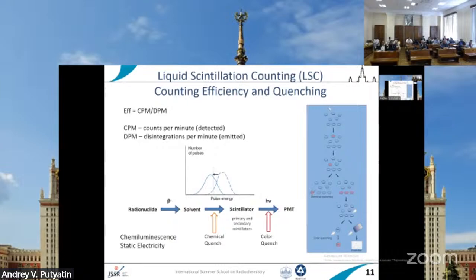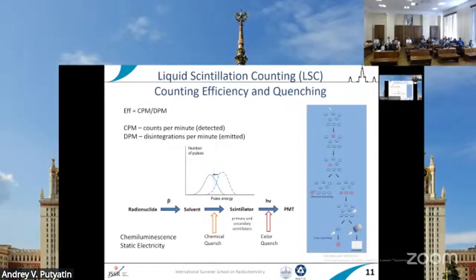If we have in our system some chemical molecules that can interact with the excited solvent molecules and take this energy, and don't allow this energy to be transferred to the scintillator, then there is no excitation of the scintillator molecule, and there is no photon emitted. So there are fewer photons than there should be.